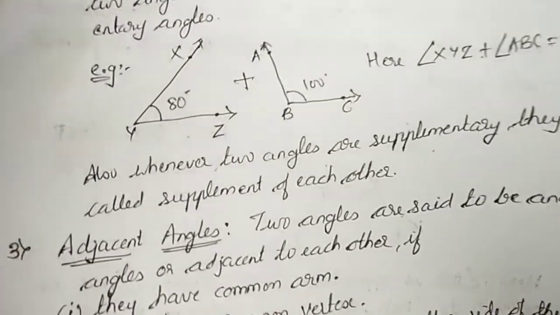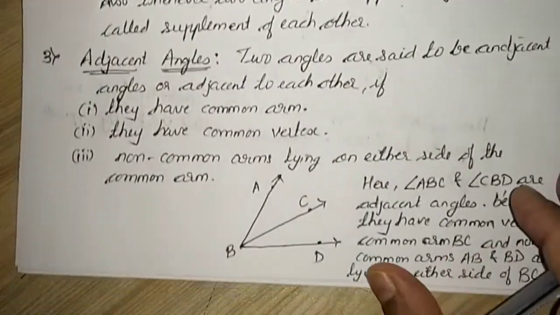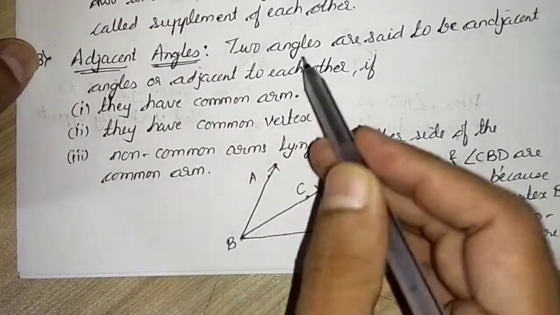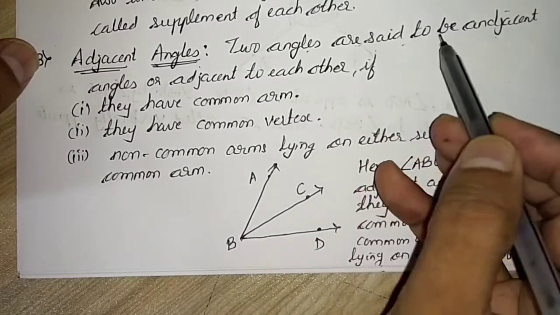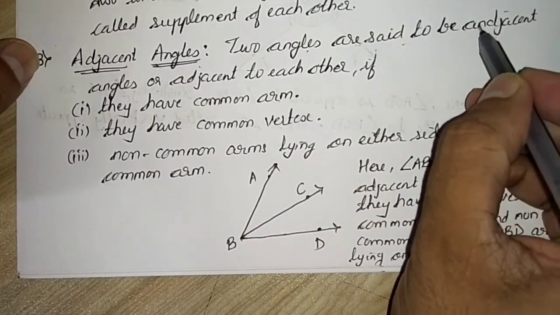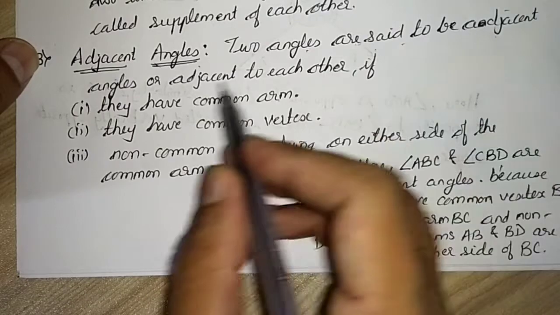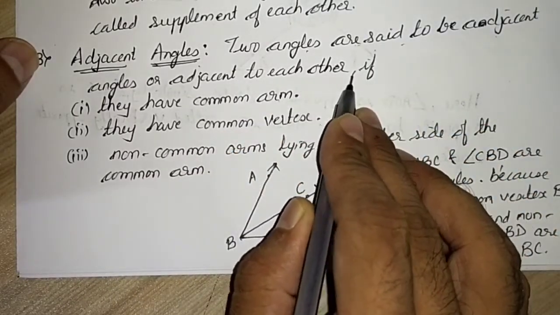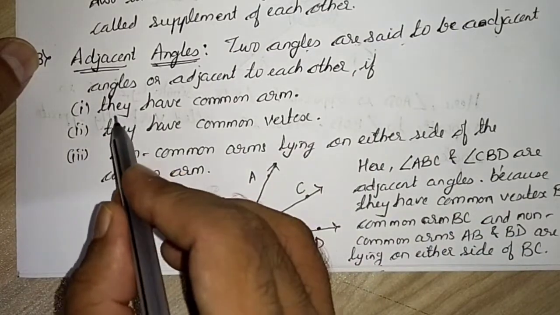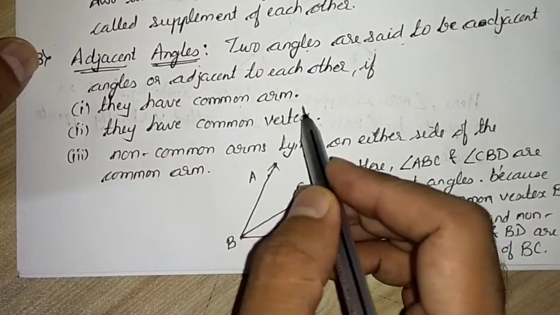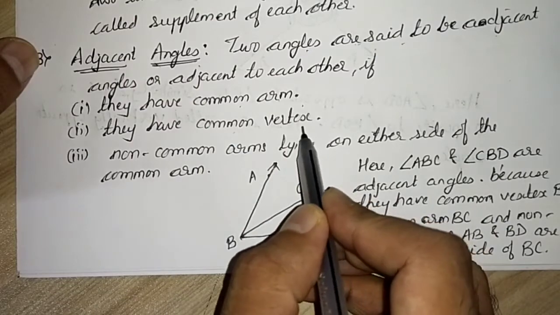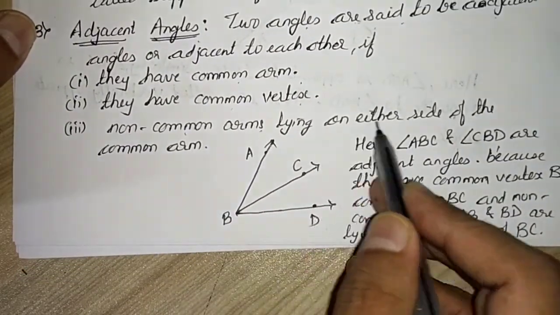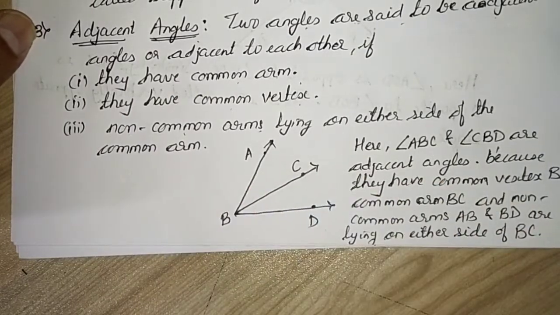Now moving to adjacent angles, which is very important. Two angles are said to be adjacent only if there are three conditions. They have a common arm, they have a common vertex, and the third one is non-common arms lying on either side of the common arm.